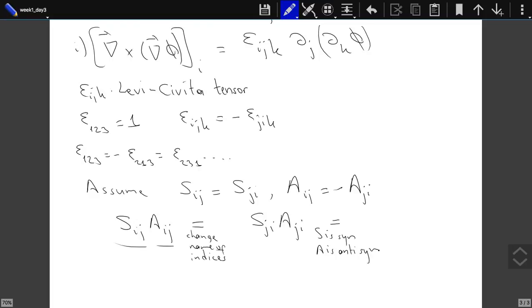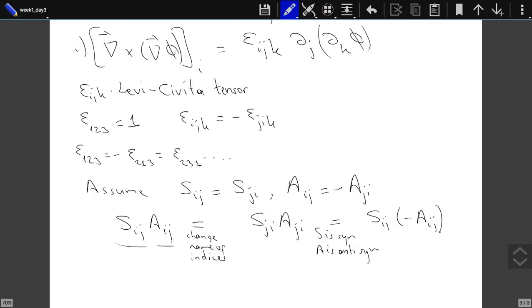Now in S, it is symmetric if I change the positions of i and j, and A is anti-symmetric if I change the positions of i and j. So now I'm not renaming them, I'm just changing their positions. So this will be equal to Sij times minus Aij.